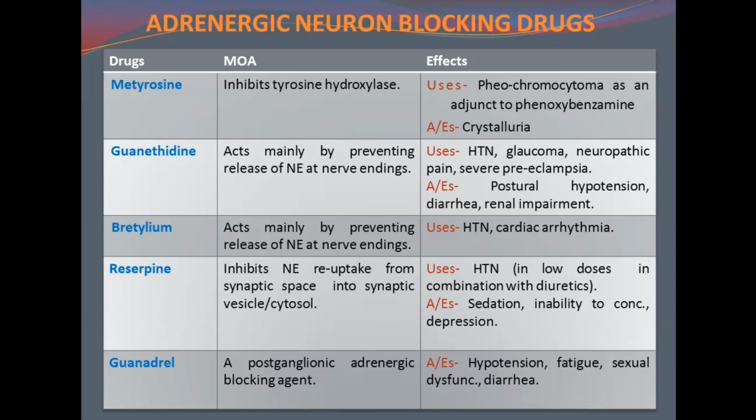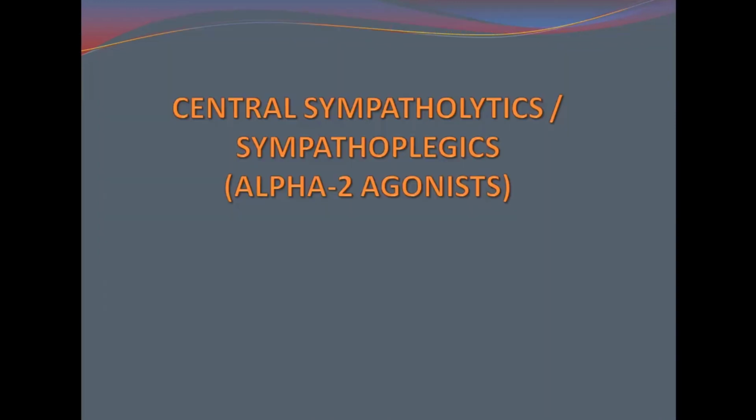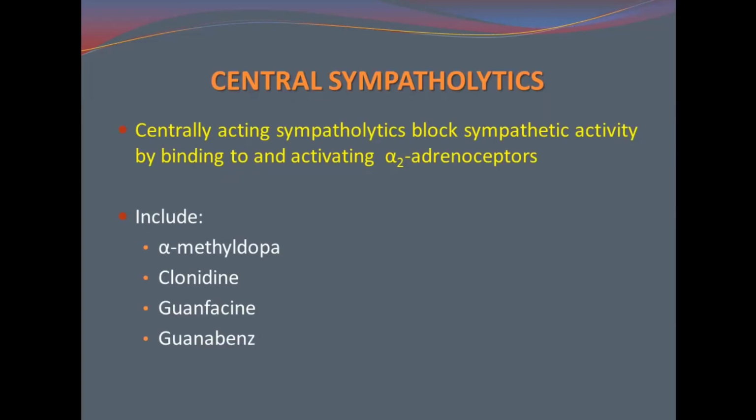The third classification of drugs is central sympatholytic drugs, which are also called central sympathoplegic drugs or alpha-2 agonist drugs. The central sympatholytic drugs are those drugs which bind to and activate alpha-2 receptors. In this way, they block the activity of the sympathetic nervous system.